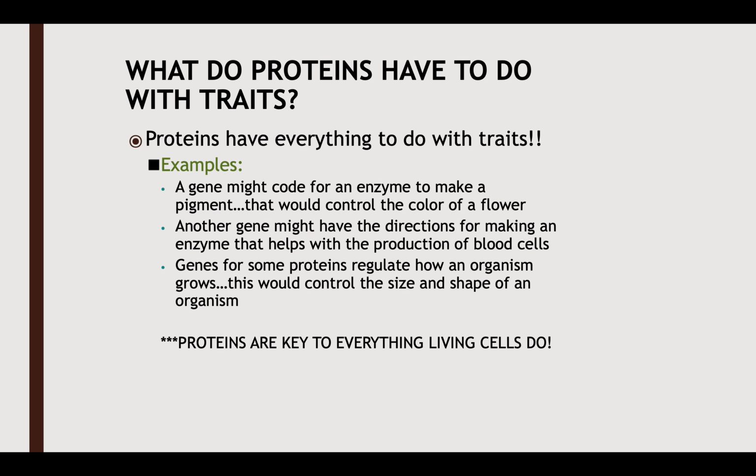Your hair is the color that it is because of a protein. Almost everything in your body is either made by a protein or is made of protein. So proteins have everything to do with traits. They basically are your traits. And remember that the directions for making those proteins are in your DNA and genes.